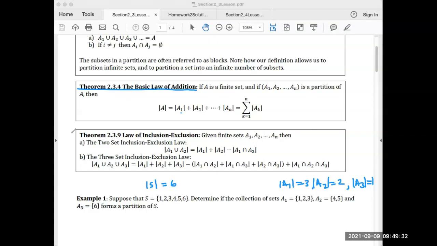All right, now the next theorem, the law of inclusion-exclusion. You're going to see this a lot in the last section of this chapter.